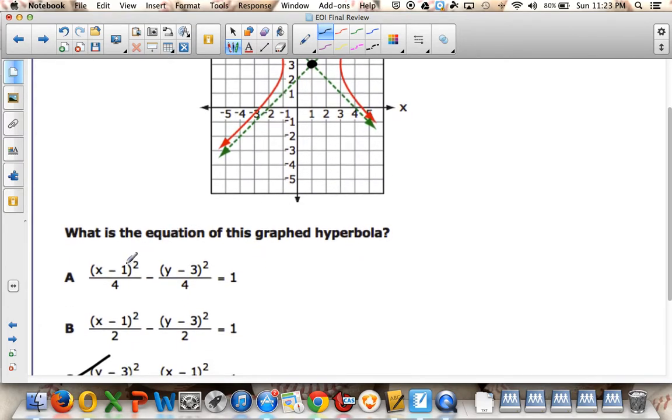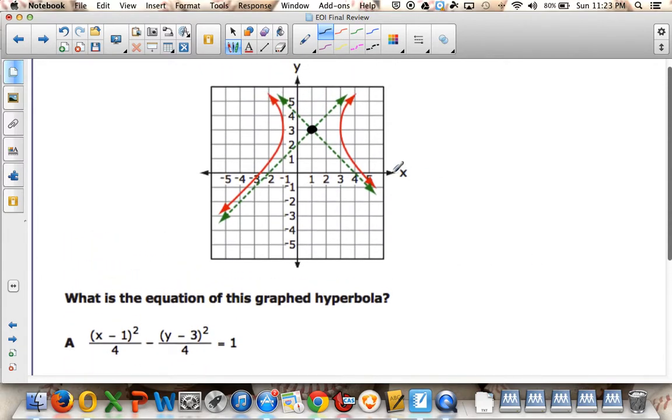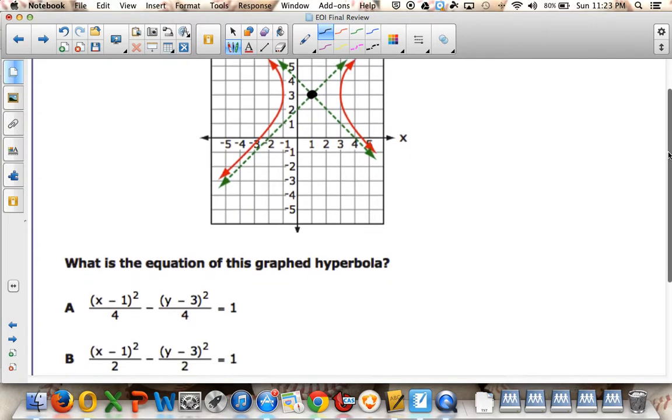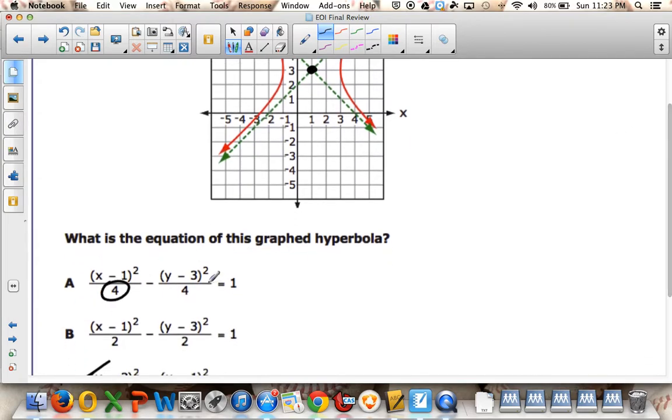Remember, when we take values outside and inside the parentheses, they become opposite signs. Here, the -1 and -3 on A and B, neither one of them changed. The next thing that is important is to find the turning of the two parabolas that make up the hyperbola, and the number at the bottom changes that.